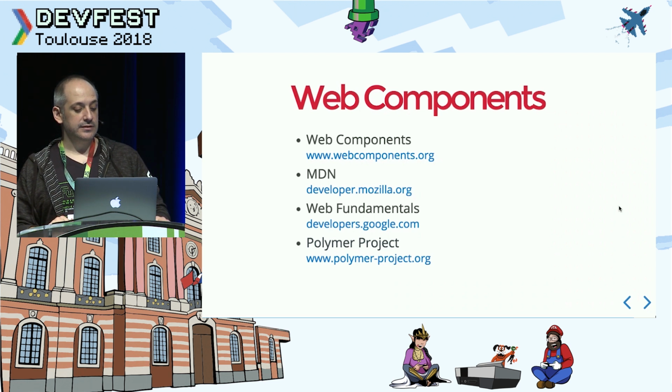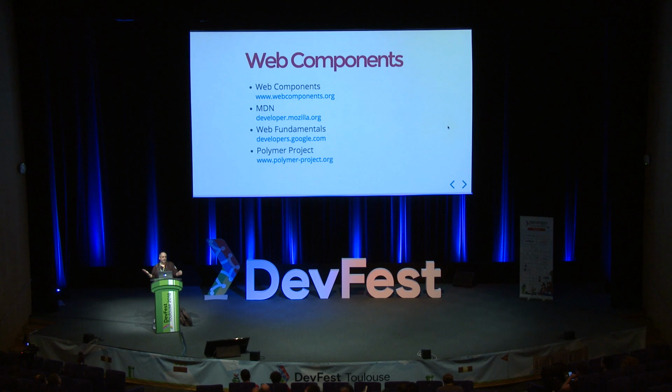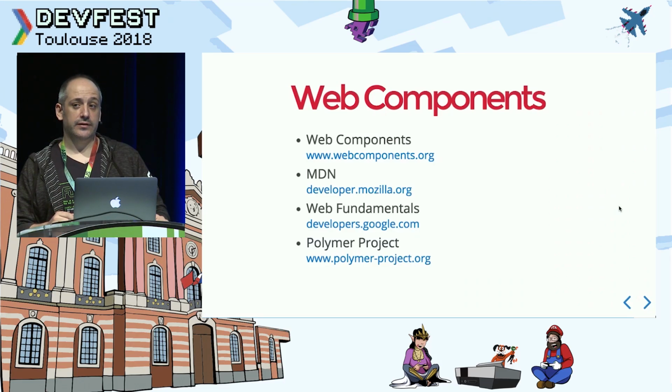Web Fundamentals, where they have a couple of good read-ups about it. Polymer project, if you want to just develop with web components and you don't want to use any frameworks, just go for it. Great project. They released version 3 a few, I don't know, maybe 1 month ago, 2 months ago, something like that.